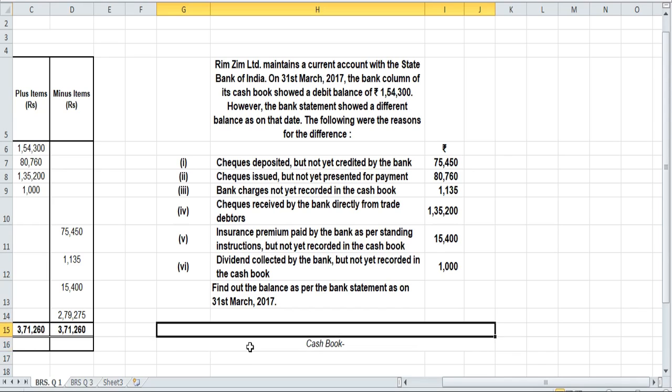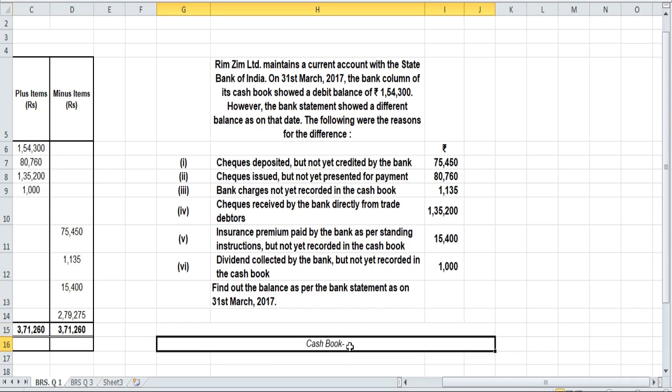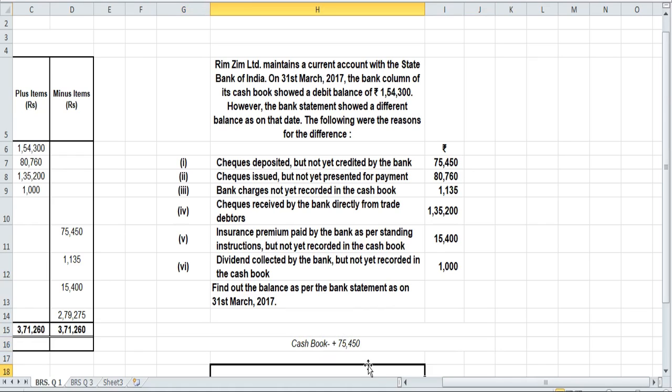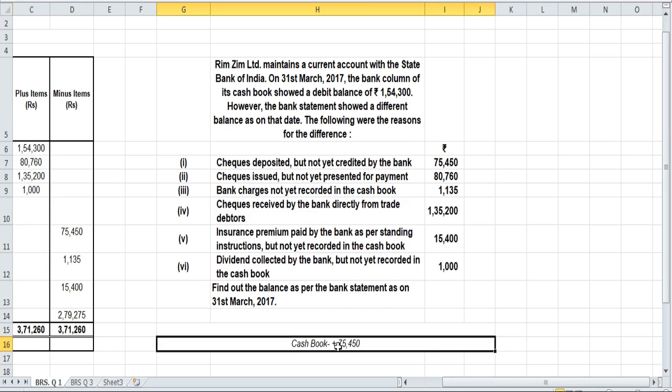I'll write the sign here. We have deposited how much? 75,450. Checks deposited, so we have deposited in the cash book.